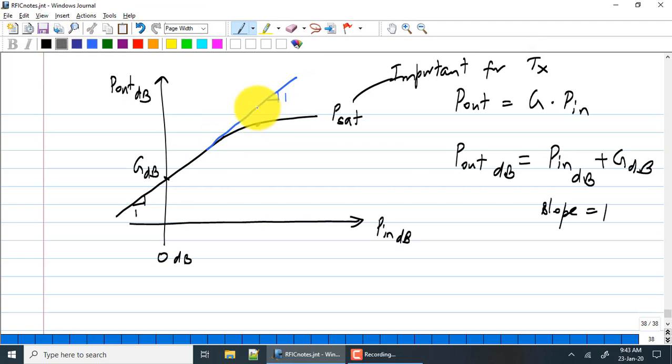So I identify this point where the actual power has fallen by 1 dB from the fictitious extrapolated curve of slope 1. It is called the 1 dB compression point of the circuit.